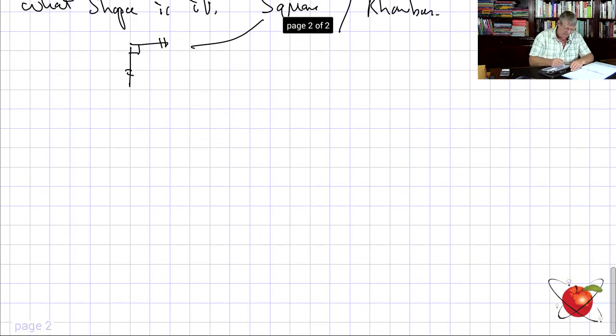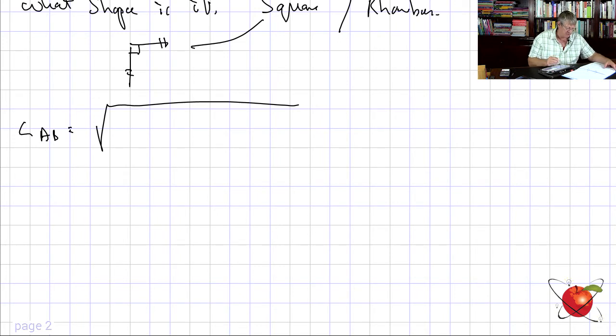Length of AB is equal to the square root of 0 minus 2 all squared plus 4 minus 0 squared. Comes out to be root 20.